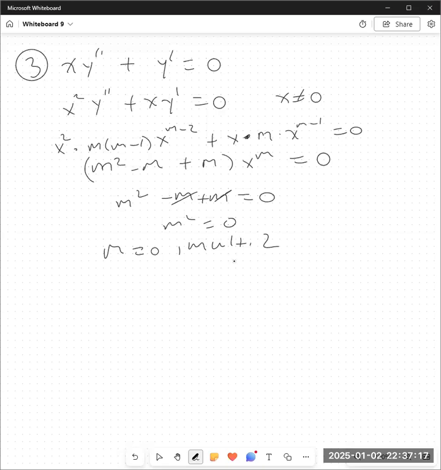To see what happens with the repeated root here, y equals c1 x to the 0, which is 1. So that's just a constant, plus c2. And then normally we would have had x times something. But if I now have a repeated root, I'm going to have ln of x. That goes back to the fact we've done an exponential function.